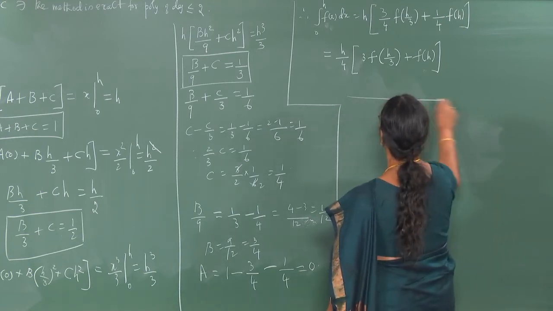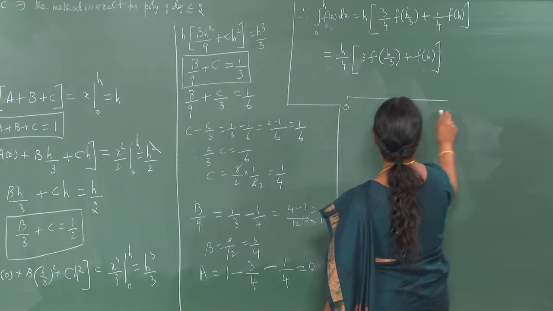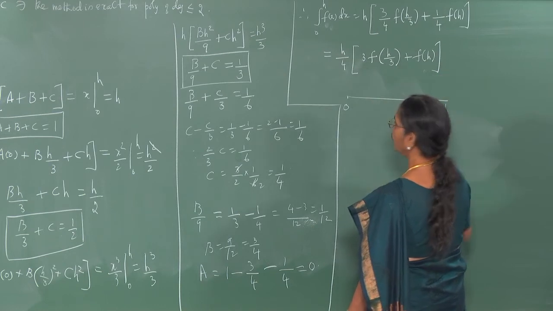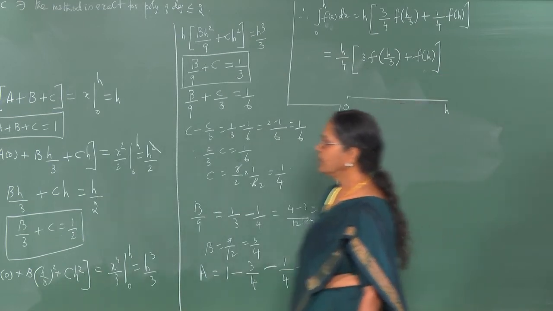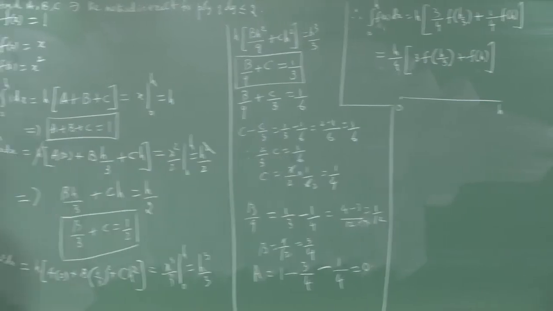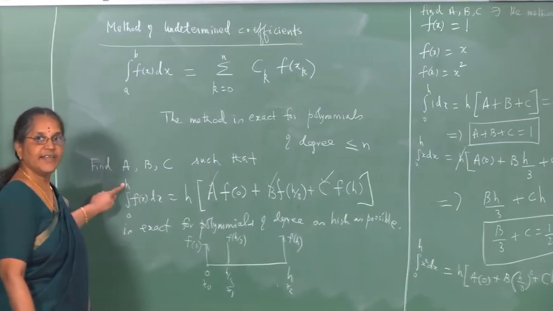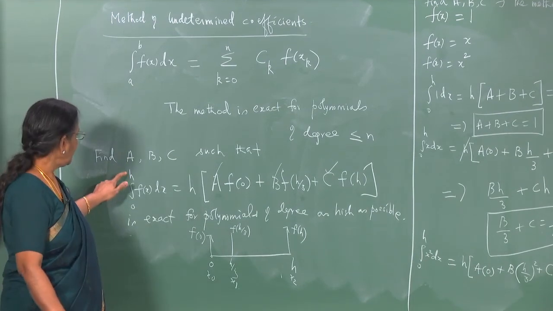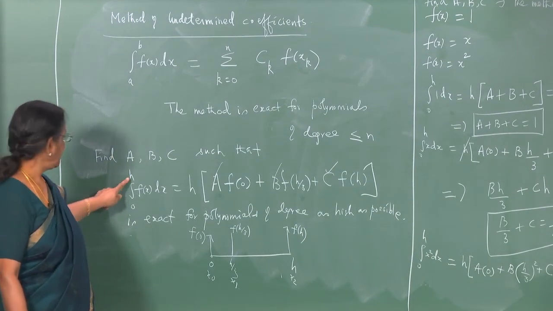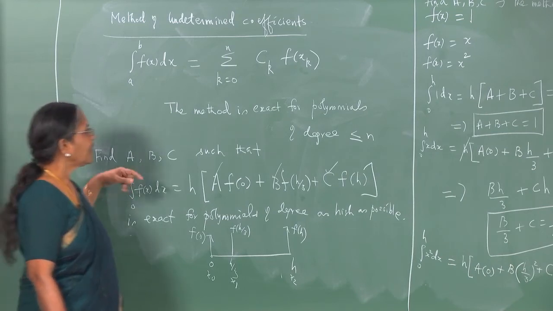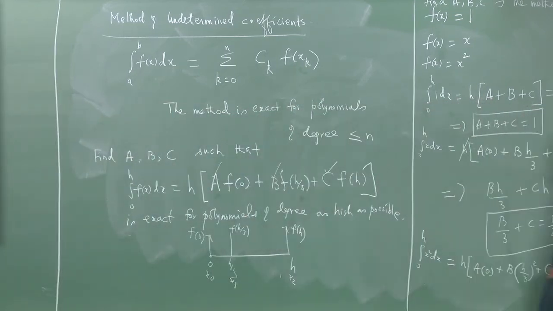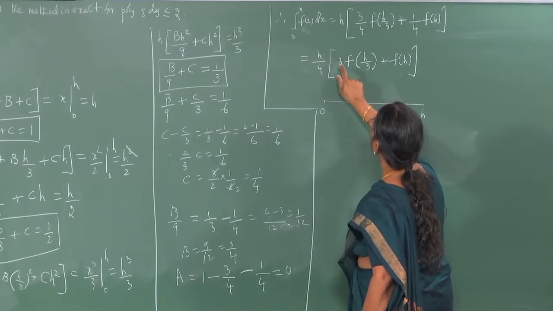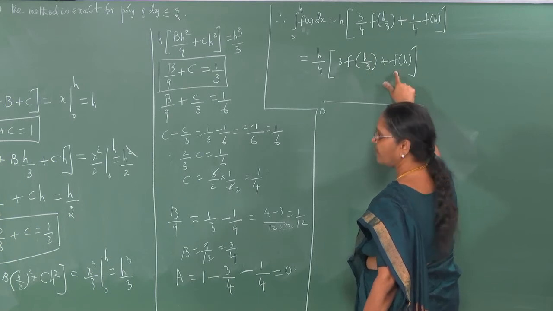So, what does this involve? If you want to integrate between 0 and h, then this says it is h by 4. What is that h? The h appears as the upper limit, right? It is not the step size, it is what appears as the upper limit. So, 0 to h. So, that gives you h by 4 into thrice f of h by 3 plus f of h.